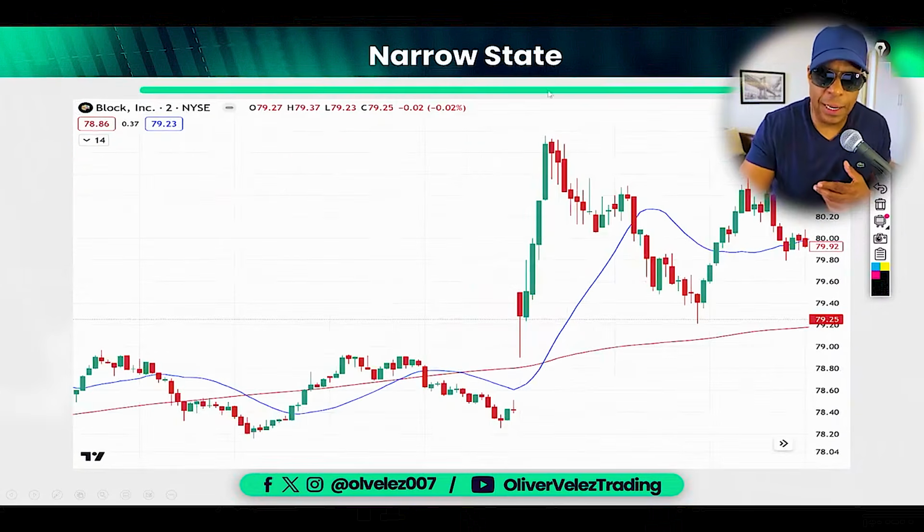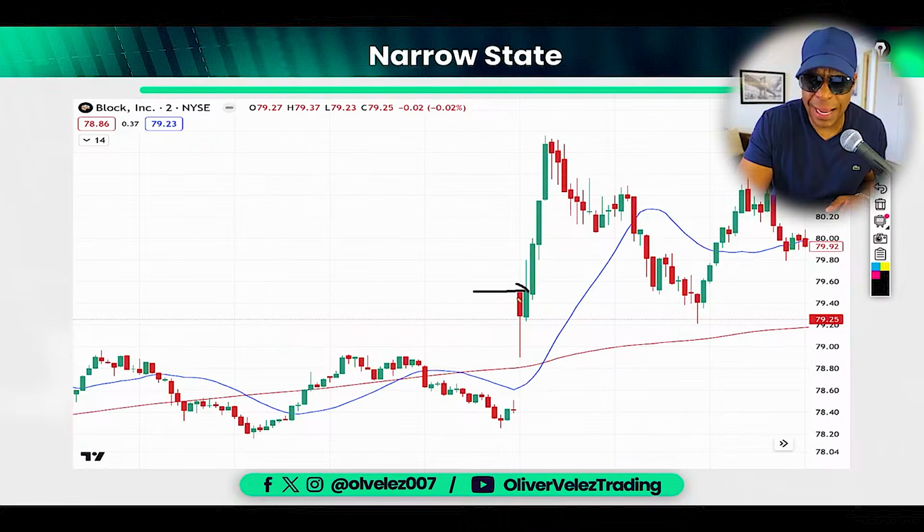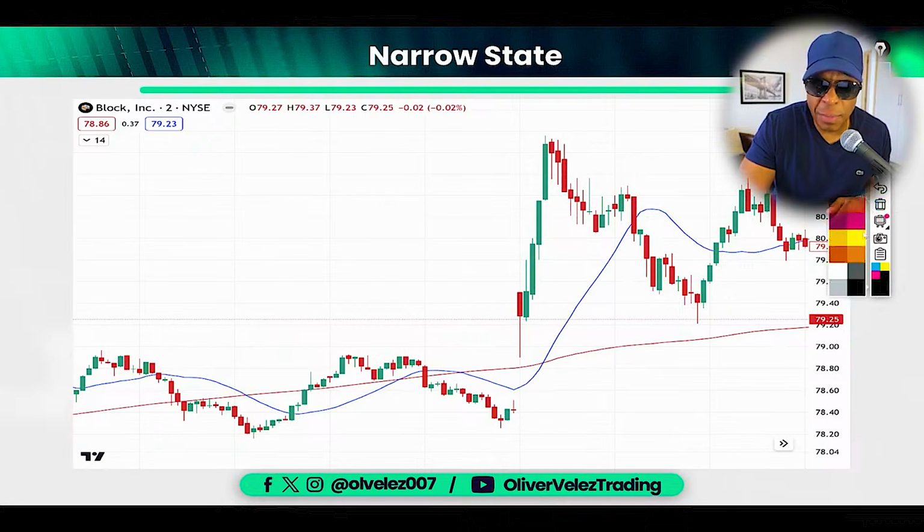That's all we need. Look at this. These are 2-minute bars. Boom! Power bar. Stop. Remember the hidden color change. This dropped. This went red. This dropped. That's a hidden red right there. And boom!